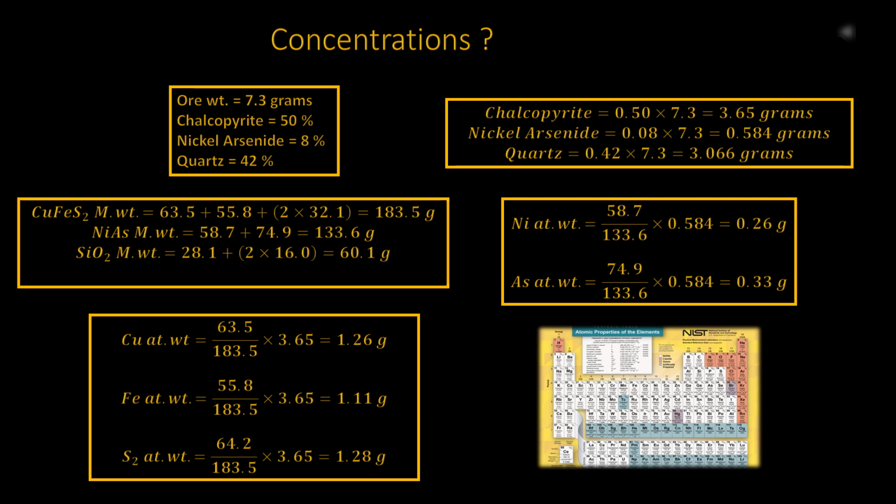Dividing the 63.5 by the molecular weight of 183.5, then multiplying by the physical weight of the chalcopyrite in the ore, gives us a result of 1.26 grams of copper in the sample that weighs 7.3 grams. M, that is capital M, stands for the molecular weight, and ATWT stands for atomic weight, which is molar weight. Now that we have this data, we can move on to step 4 in the charge table.